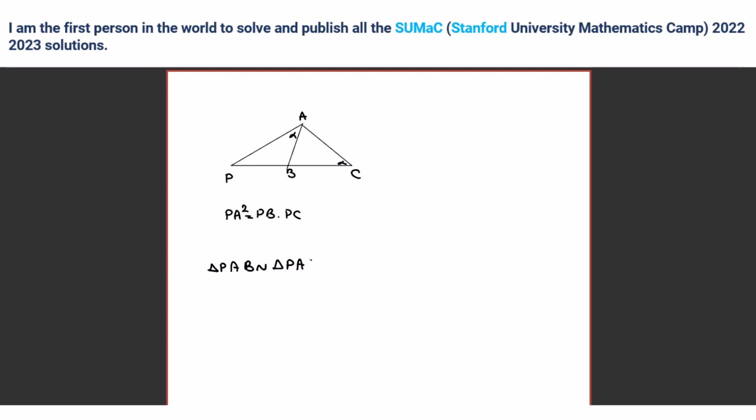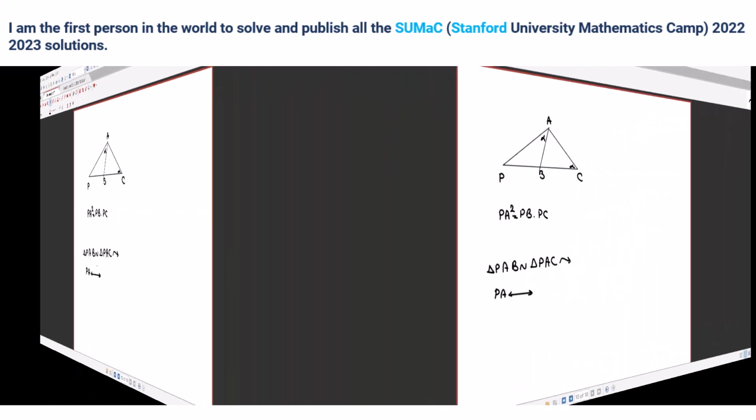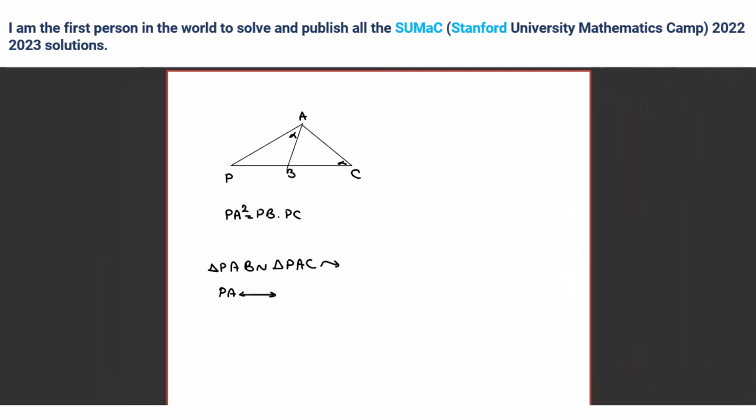If you want to write the ratios, can you tell me PA in PAB corresponds to what? PC. PA corresponds to PC. PB corresponds to what?